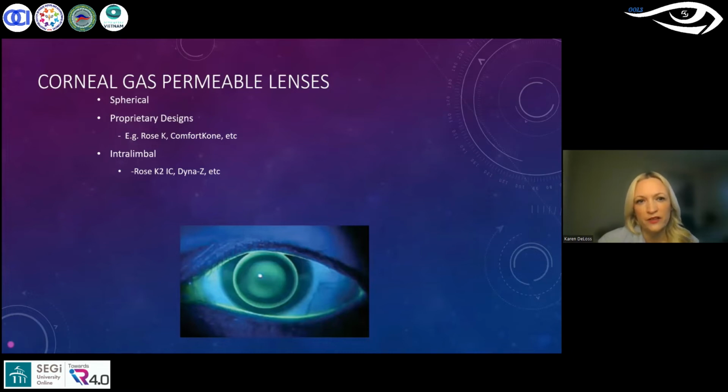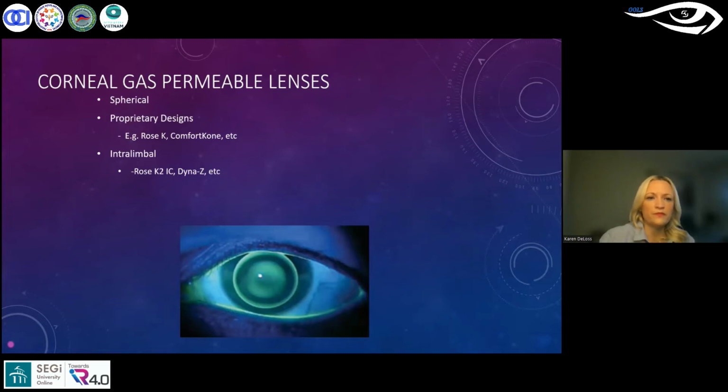So they've already done all the hard work for you with these proprietary designs. You can use a spherical lens, so don't think that you can't use your traditional fitting set, but I find that proprietary designs such as the Rose K and Comfort Cone are great options.